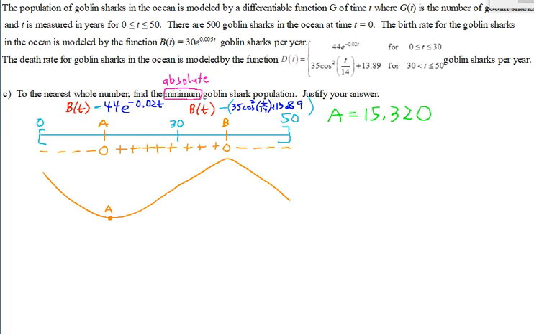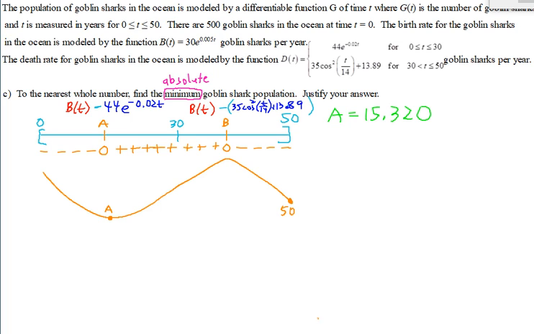Based on that, in addition to a, notice the endpoint. When you're doing absolute minimax, you also have to look at the endpoints. In this case, notice 50, that's also a potential minimum. So we'll have to figure out which one of those two has a lower shark population. If it was a maximum, we'd look at 0 and b. So there's actually no need to find b in this case, because it's a potential maximum, and we're not asked about that, even in the later parts of this question.